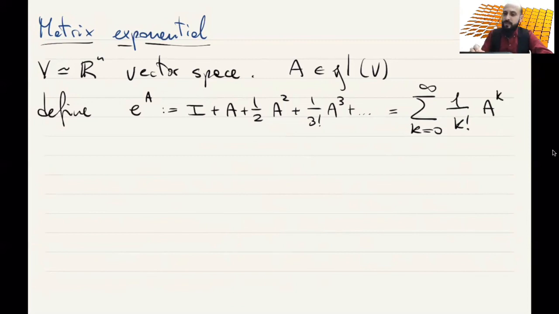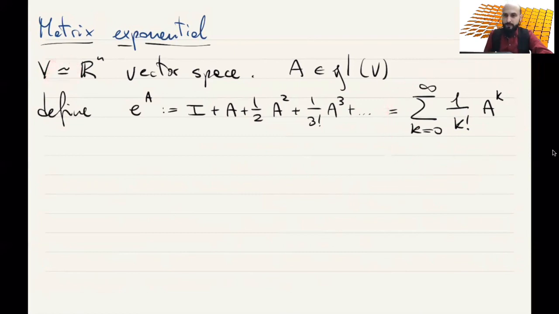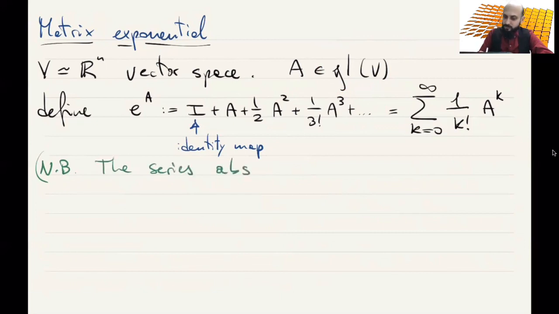Okay, see that this operation does not depend on how you identify your vector space with R^n. And let me clarify that this capital I is the identity map, which is an element in GLV. I'll make you notice that the series converges, actually it's absolutely convergent.